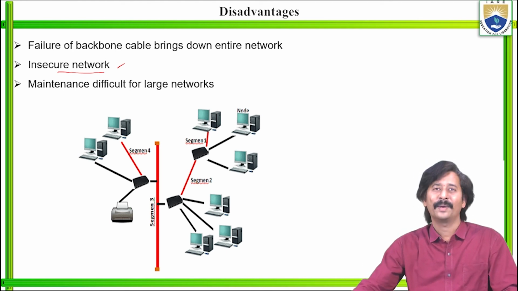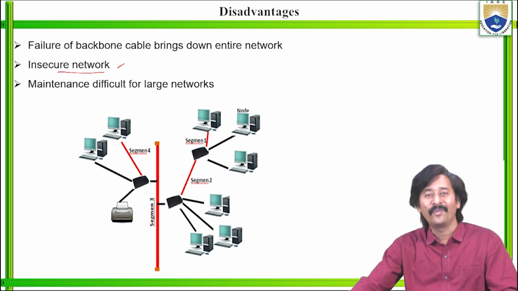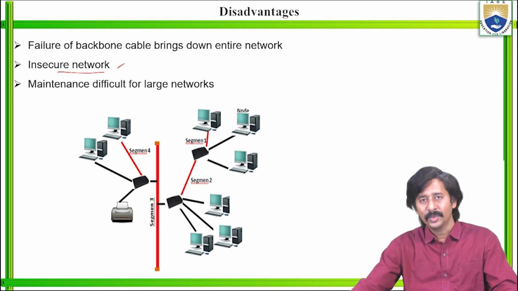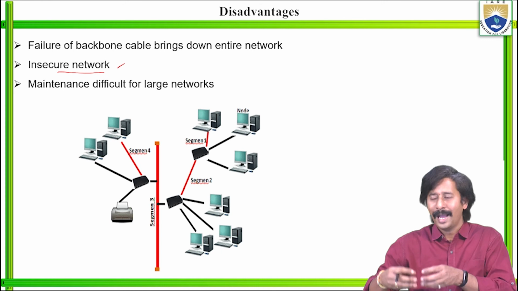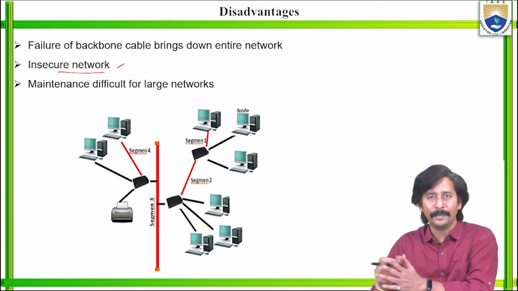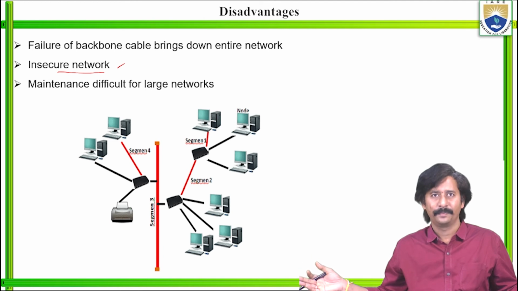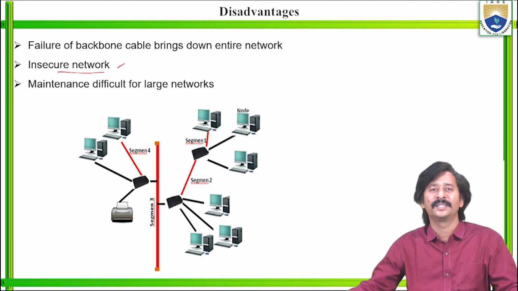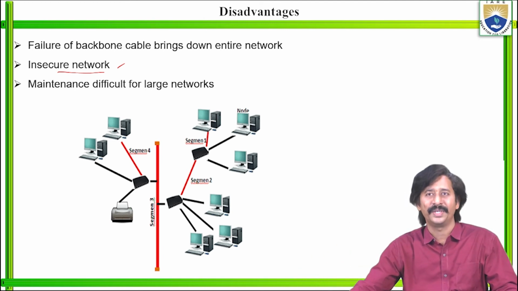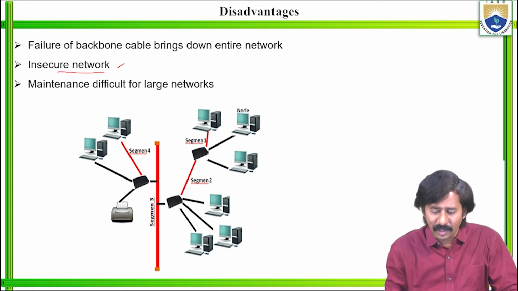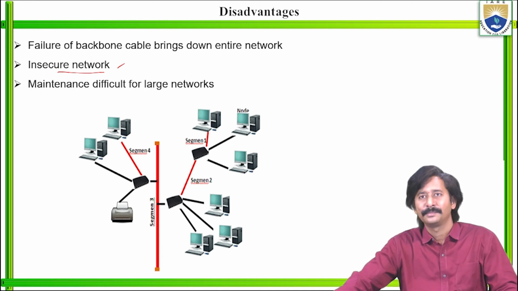Then another drawback: maintenance is difficult for large networks. Whenever we need to add a number of nodes, automatically my network size is increased, and automatically maintenance becomes difficult for large networks. See, in this example we have a number of segments.